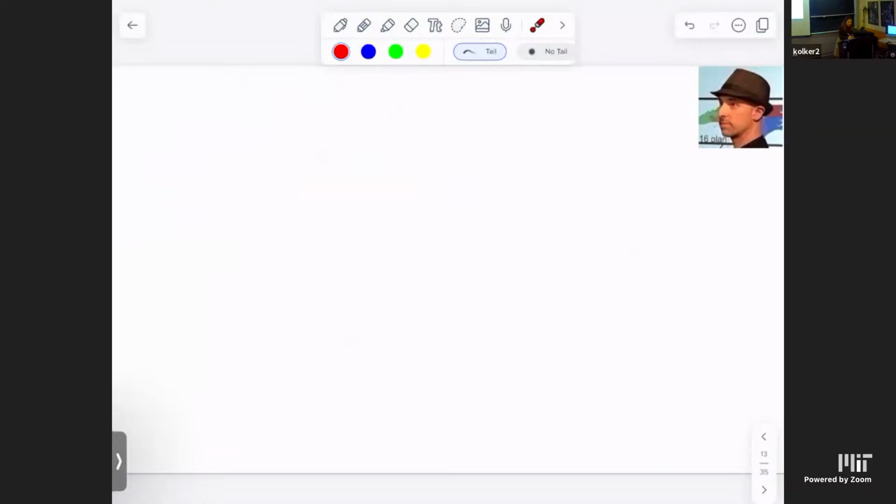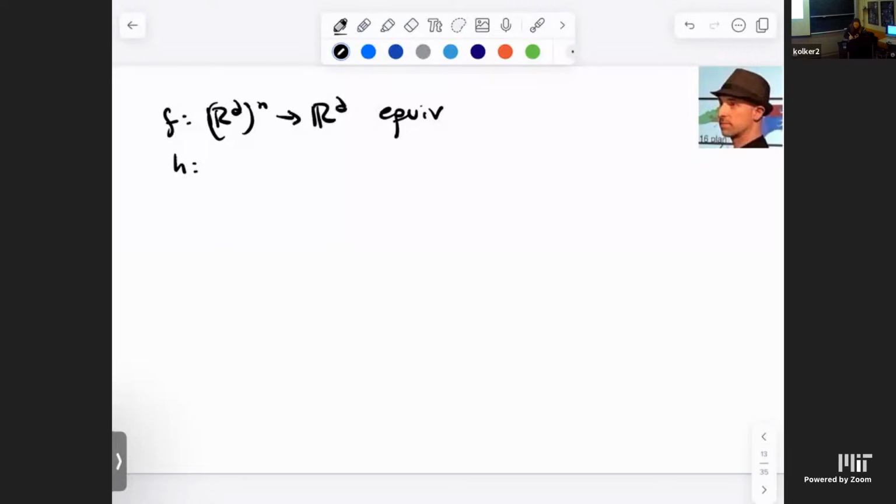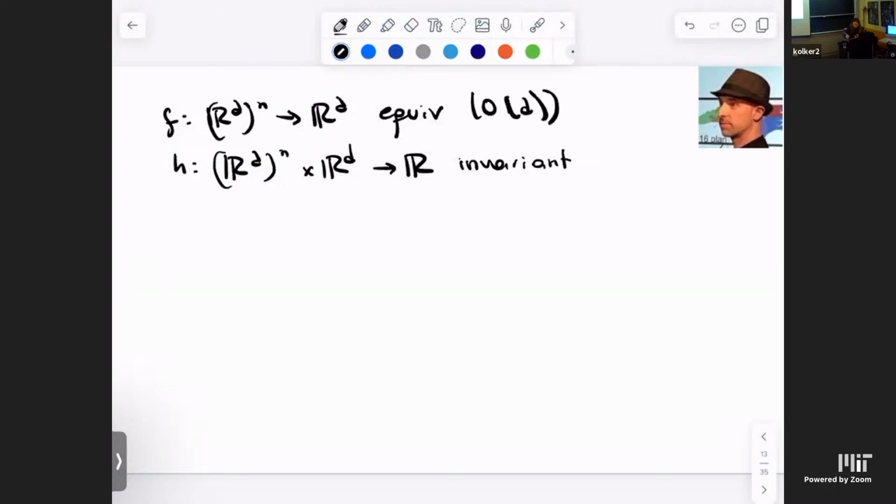So actually, it seems like you want to see the proof, so I'm going to write it down for simplicity. The idea is that if you have a function from R^D to the N to R^D which is equivariant, then you can write a function that goes from R^D to the N times R^D to R, which is invariant, with respect to OD.